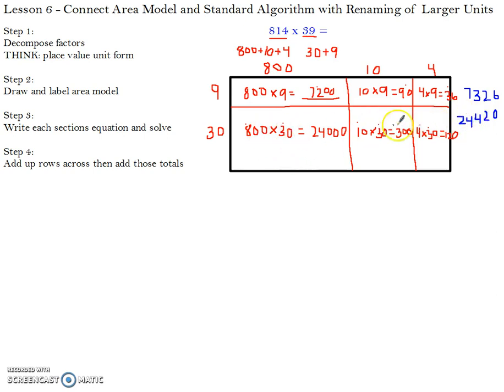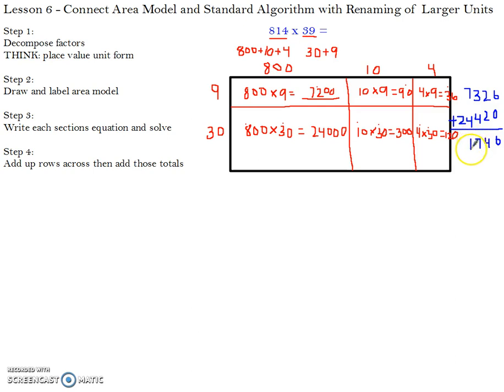So now that I've gotten my bottom row's answers and my top row's answers added all together, I add those two numbers together to get my final answer. So 6 and 0 is 6, 2 and 2 is 4, 3 and 4 is 7, 7 and 4 is 11.